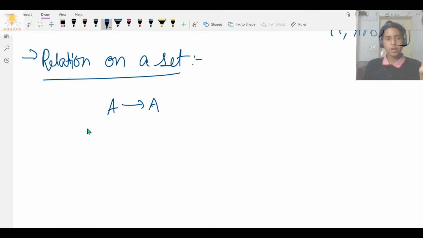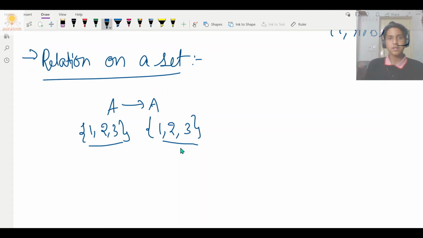So if the set contains the elements 1, 2 and 3, and again we are relating the set A to the set A which contains the elements 1, 2 and 3, which is perfectly possible, right? We can relate a set to itself, because we can find the Cartesian product of this set and this set. So why can't we find a relation from a set to itself?